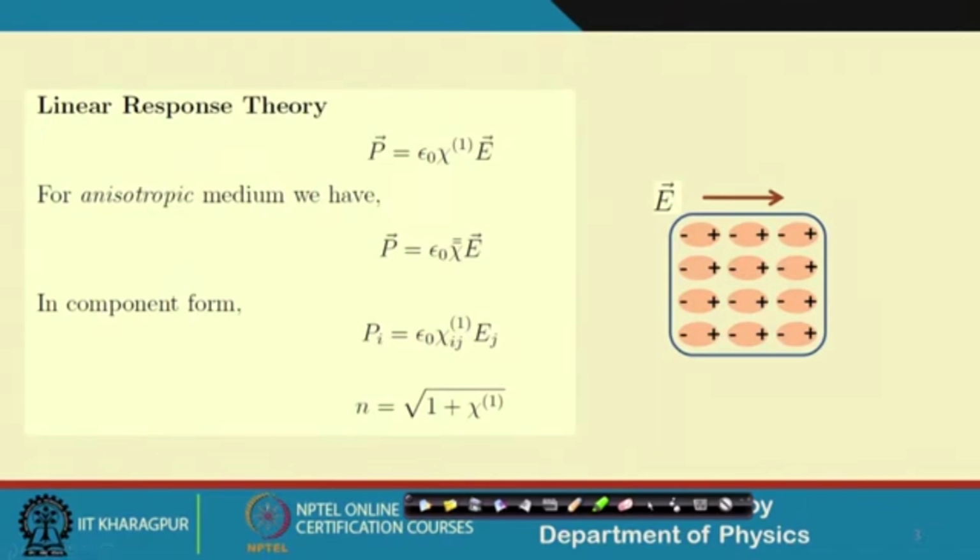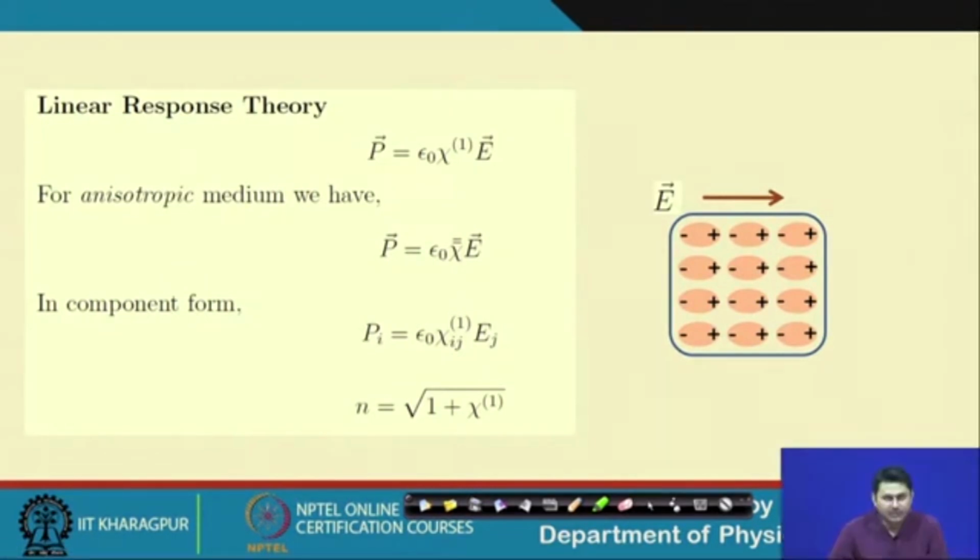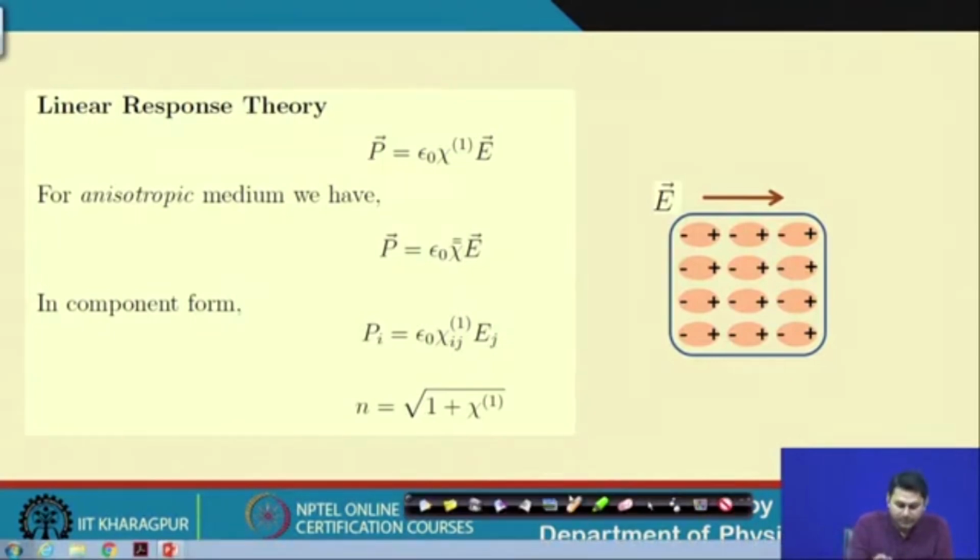First, this is the old slide I am using. This is related to linear response theory. So, let me write this equation: P is equal to epsilon 0 chi 1 E. That means P here is the polarization, and this polarization is now related to the electric field.